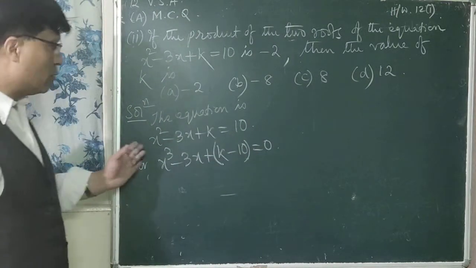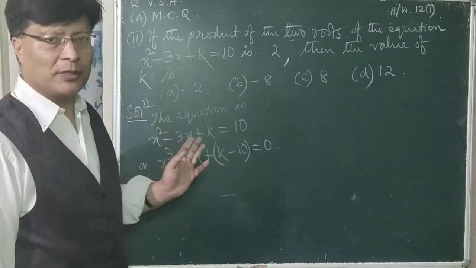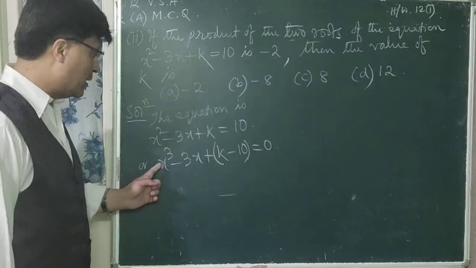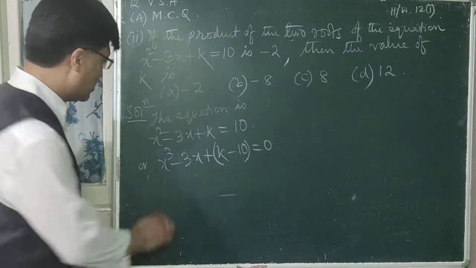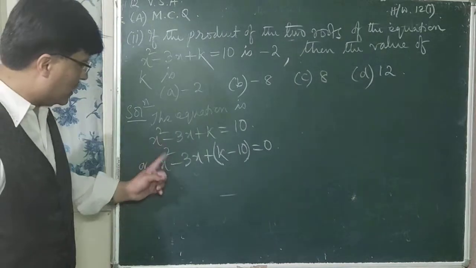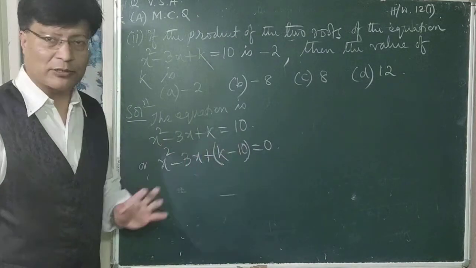Now, if you compare this equation with the general quadratic equation, we have a is equal to 1, b is equal to, sorry, this is square. x square minus 3x plus k minus 10 is equal to 0.